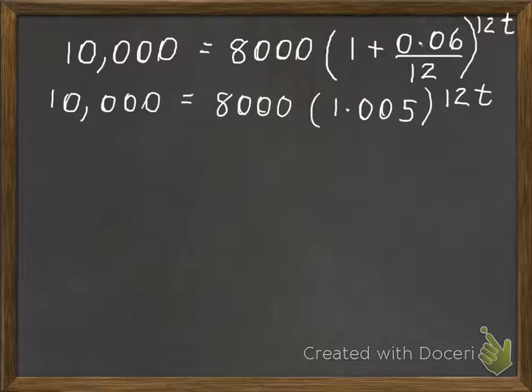Then to apply the logarithmic function, I want to isolate the exponential function. I want to isolate the base with the exponent. So that means I need to undo the times by 8,000. To undo times by 8,000, I divide both sides by 8,000.